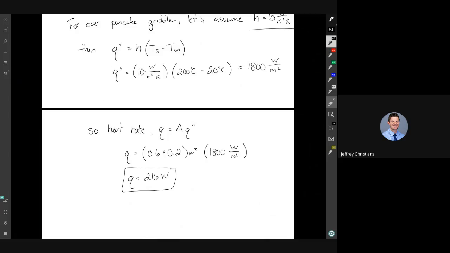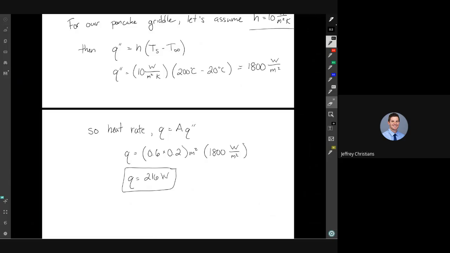Then Q would be 216 watts. So in these conditions, the way that you would keep your pancake griddle at a steady 200 degrees Celsius, it's going to need 216 watts of power. So that would be the power draw.